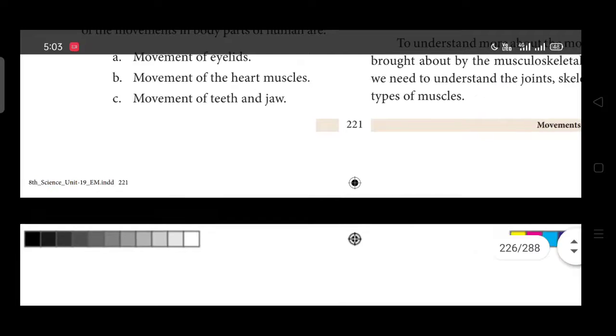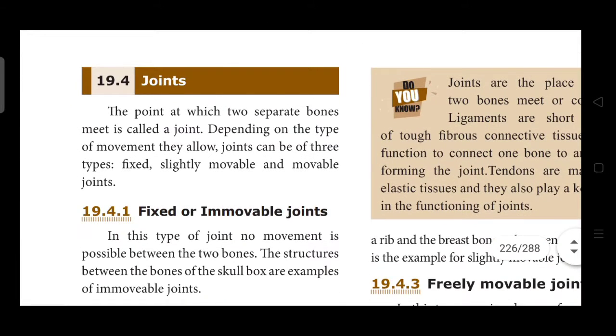Now we are going to start the topic, that is the joint. We know that we have 206 bones in our body. With the help of the bones we move our body, we move our organs, we locomote from one place to another place. The joint is very important for the movement of our body organs or the body.